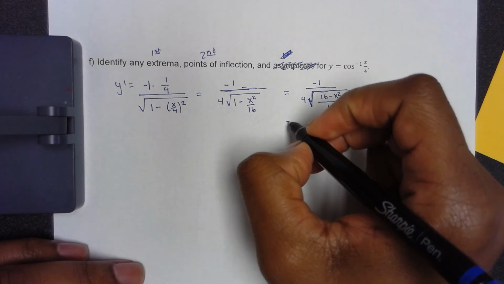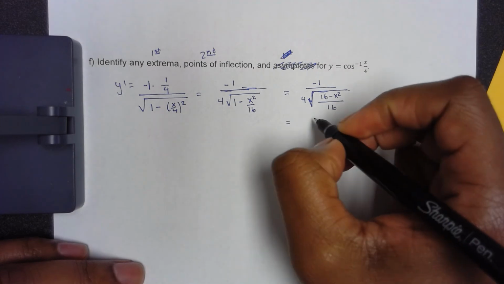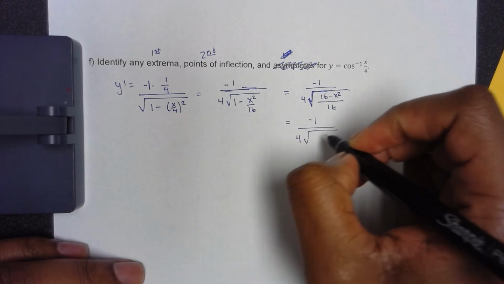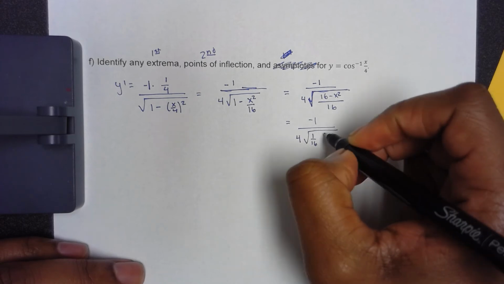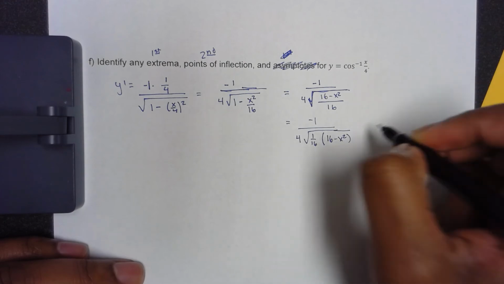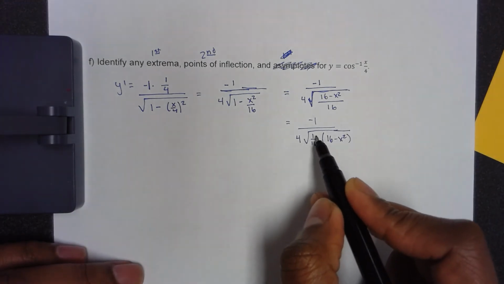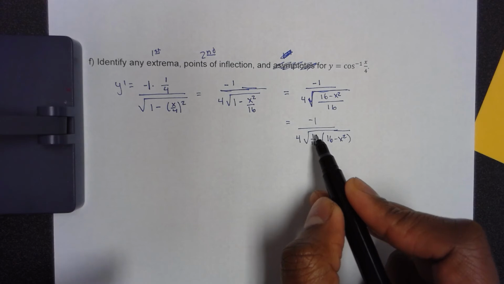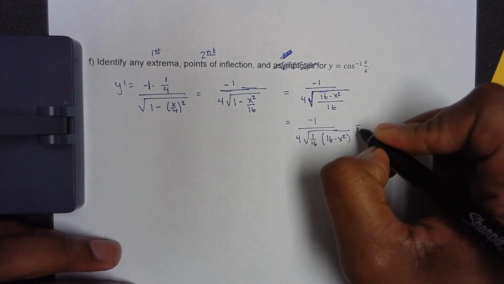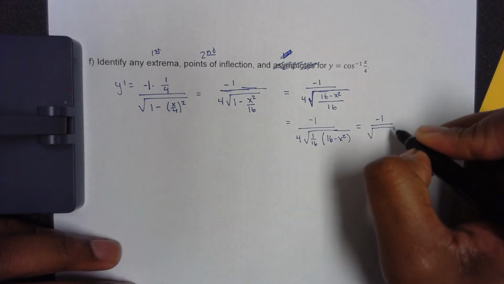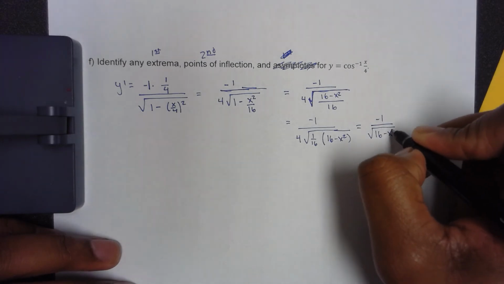That's like having 1/16 times 16 minus x squared. So we could take out the square root of 1/16, which is 1/4, and 1/4 times 4 is 1. So we end up with negative 1 over the square root of 16 minus x squared.